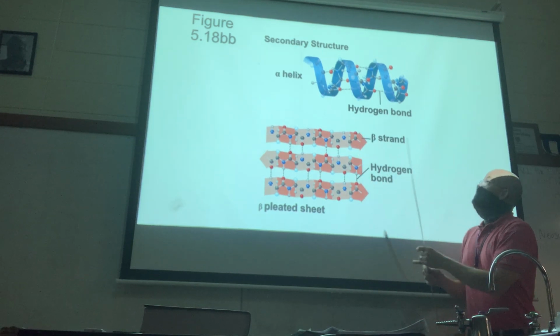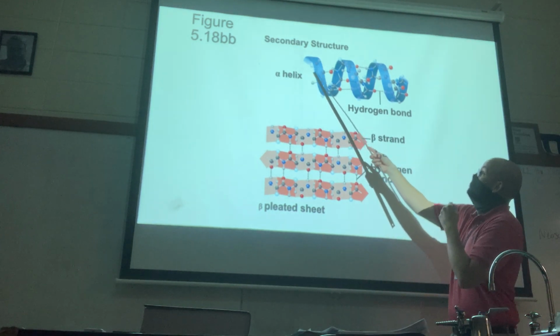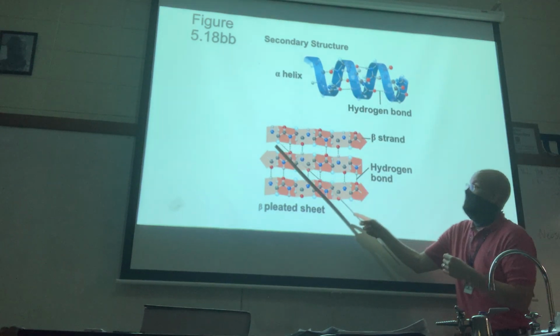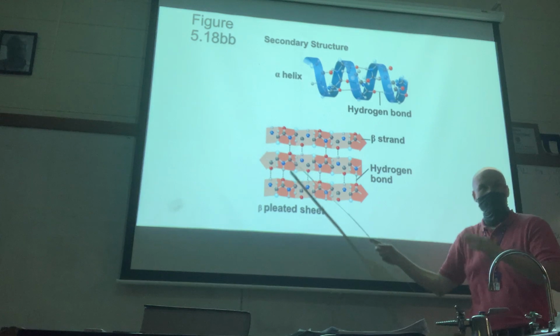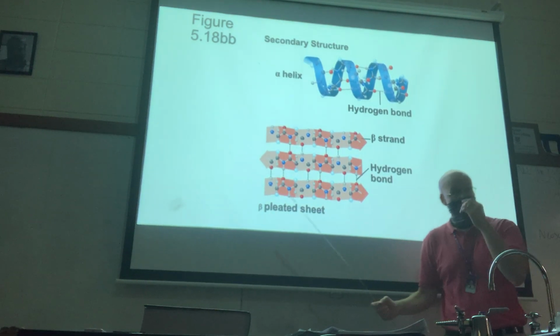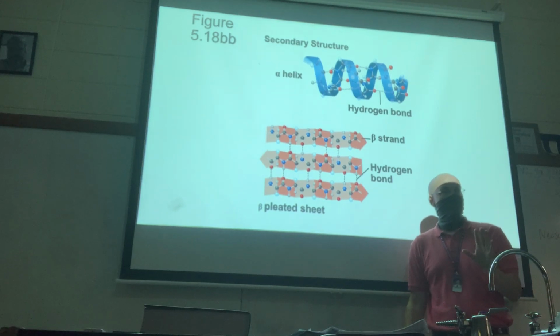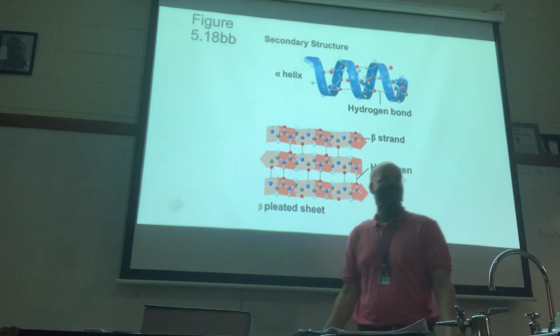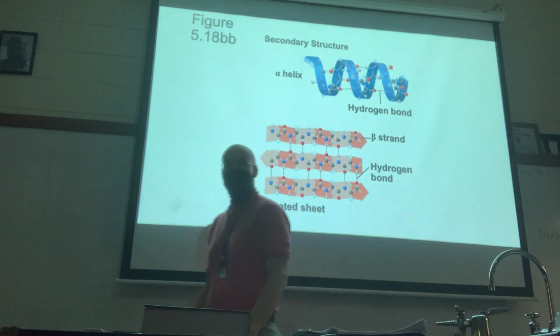Okay? So here we see a twisting that occurs, and here we see this zigzag folding that can occur. So secondary structure, you're simply talking about twists and folds. That's it. Twists and folds.